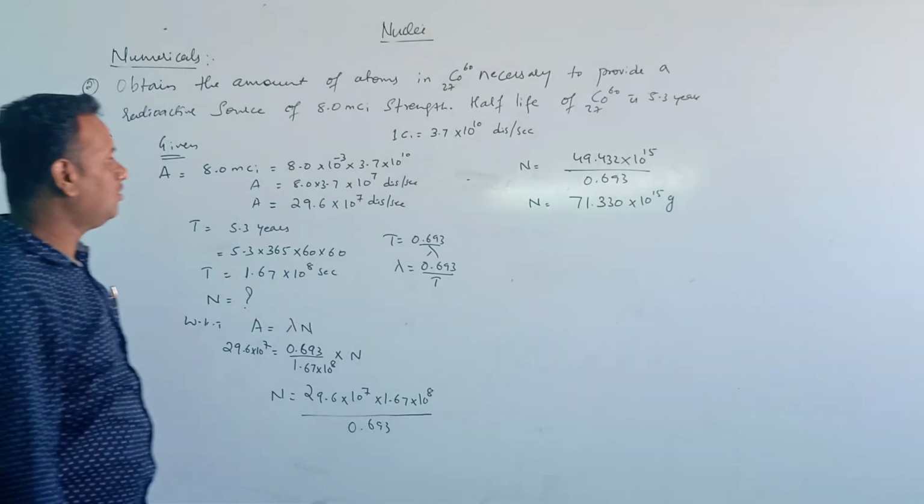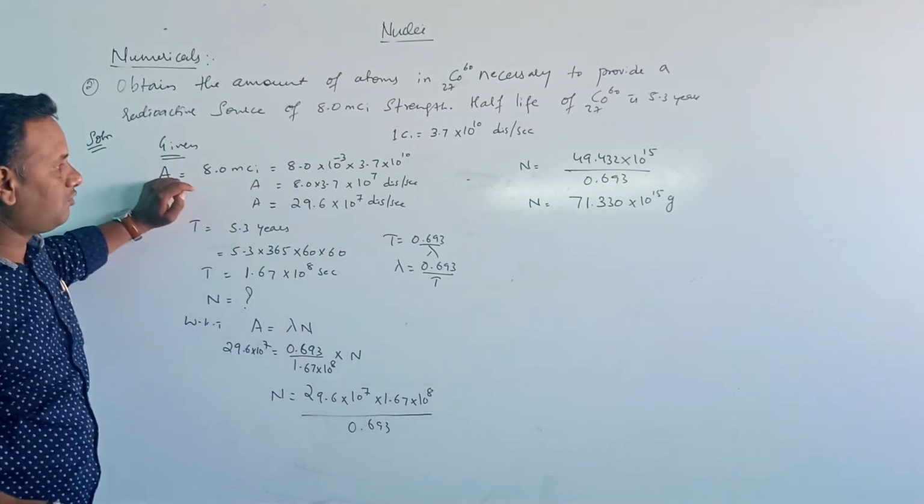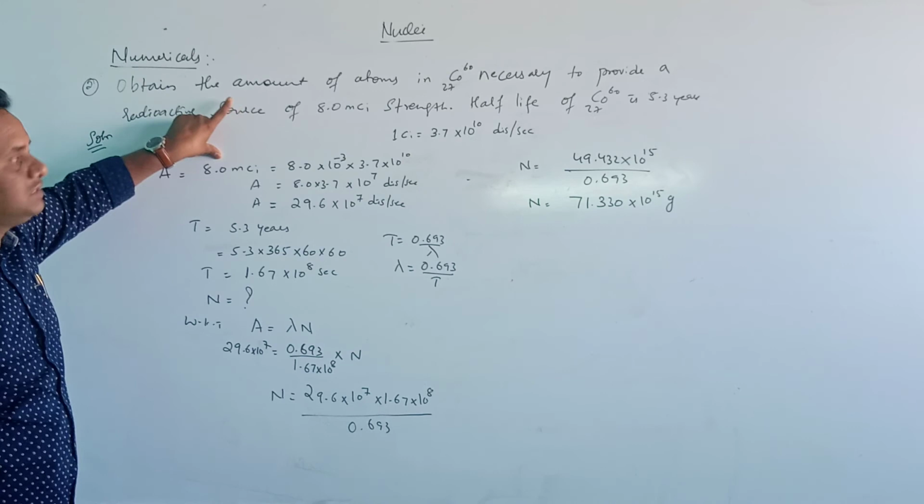Okay, now we got the N value here. So now what we'll do here, let us find the mass of the atoms, that is the amount of atoms.